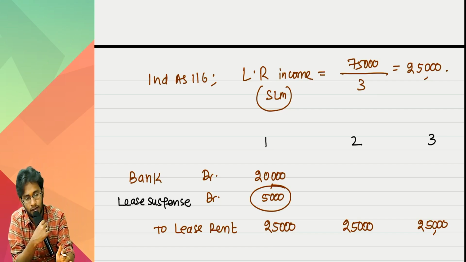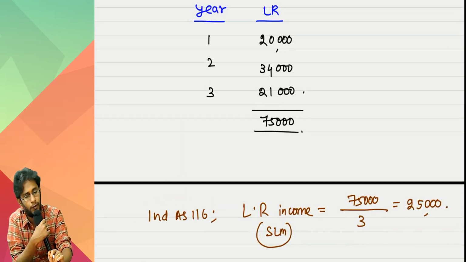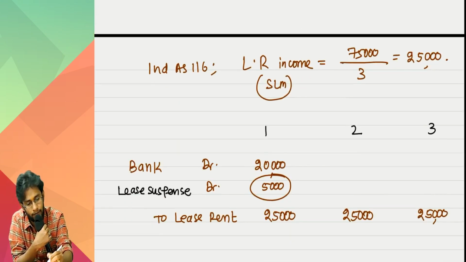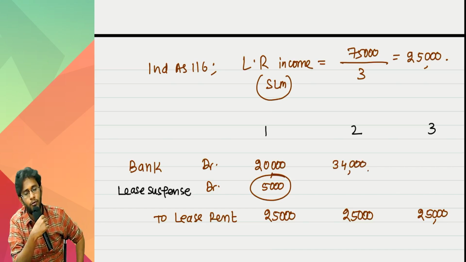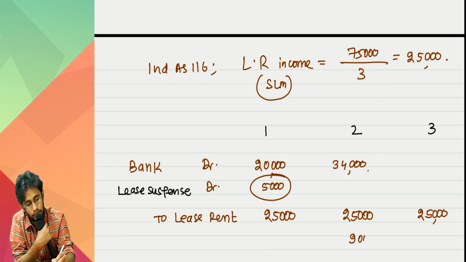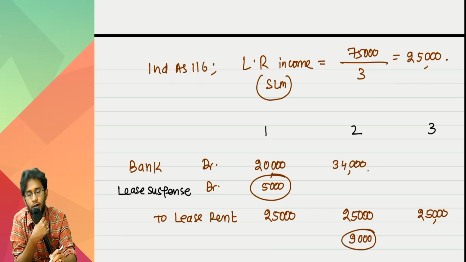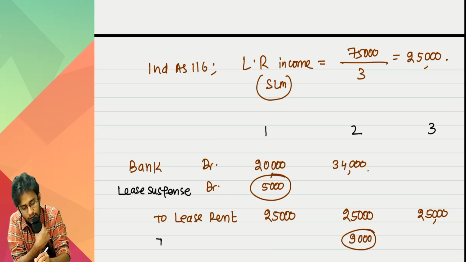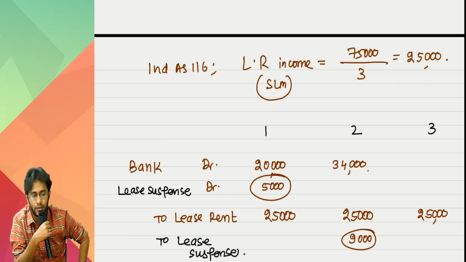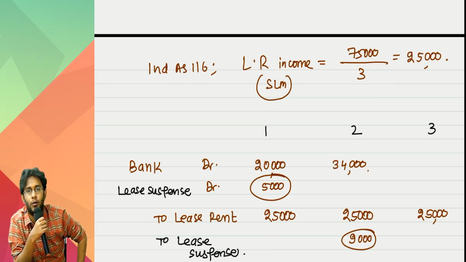Fine. First year I can say. Come to second year. Second year that fellow paid me how much? 34 he paid me. This time how much is the gap? 9,000. This side we got a gap. What should I do? Again, this also credit to lease suspense account only. If you credit to lease suspense account, the first year 5,000 debit gets cancelled.